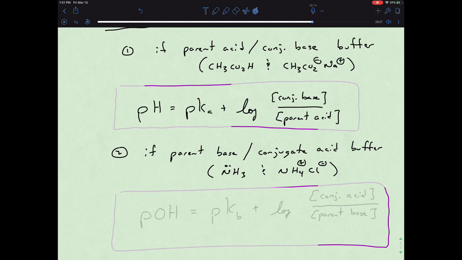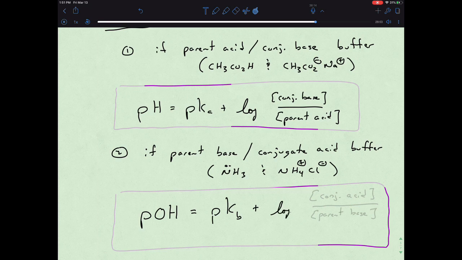So we have something that looks very much the same for the parent base side of things, but now since it's a parent base, we're not generating hydronium ion in the equilibrium, we're actually generating hydroxide. So it's not a pH, it's really a pOH is equal to a pKb, right? We have a parent base, so we have a Kb as opposed to a Ka.